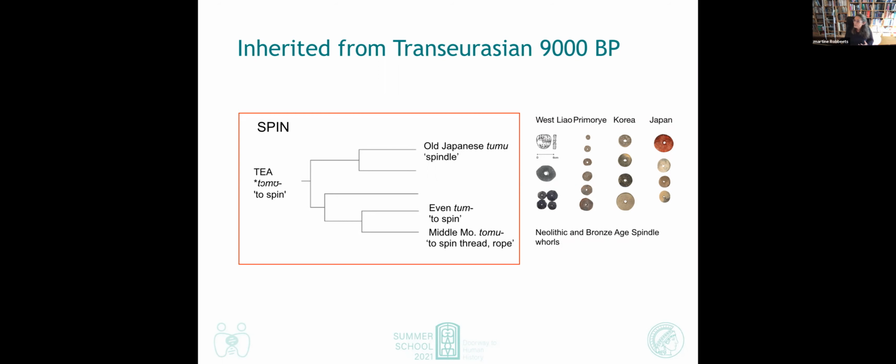It's not only the linguistics, the words, the action of spinning that is corresponding, but we also found that spindle whorls nicely correspond between the West Liao, Primorje, Korea, and Japan, the homelands of our individual families.